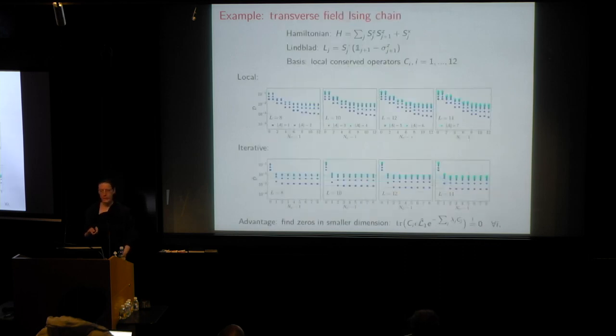And if we do the same for the transverse field Ising model, which has only local conservation laws, and we again compare the error, here I'm plotting the error as a function of the number of local conservation laws included in the description, I will see that if I span out my space of possible conservation laws and make a linear combination of them, essentially in 2 iterative steps I'll be done.